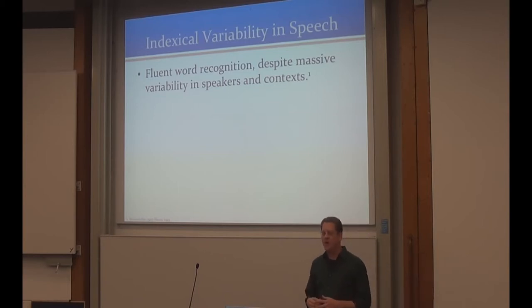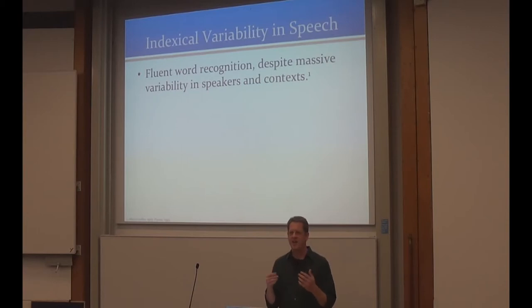You guys probably know all about things like context conditioned variation, that what sound to us like the same segments in words actually change their physical quality based on who's saying them, where they are positioned in a word, etc. And so we need to have some system that takes this noisy signal and extracts meaningful variation out of it. But we don't necessarily have to throw away that variation as part of that process.